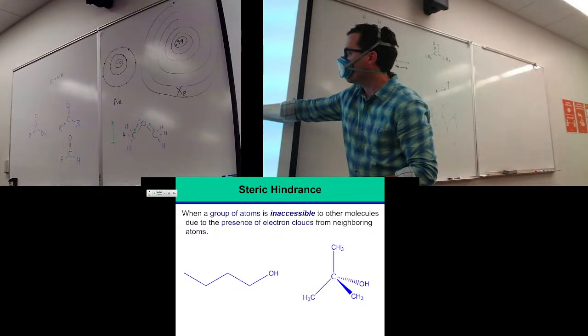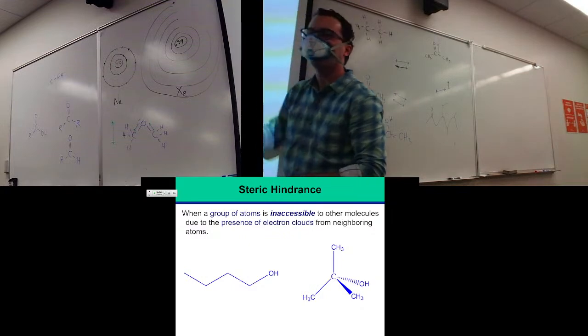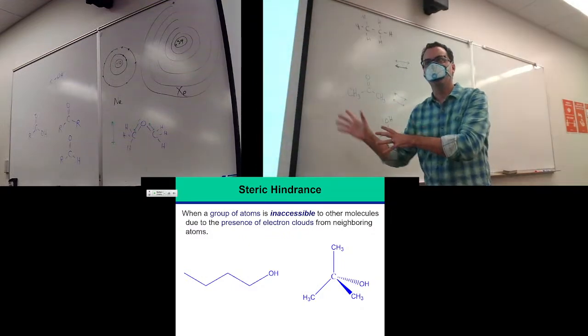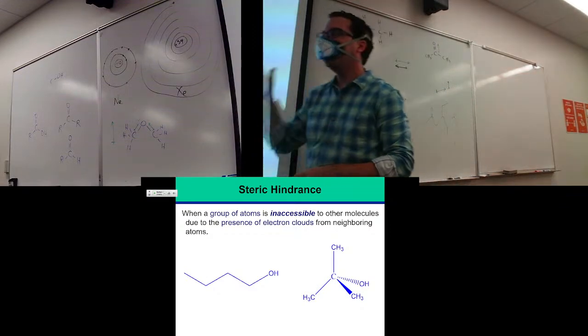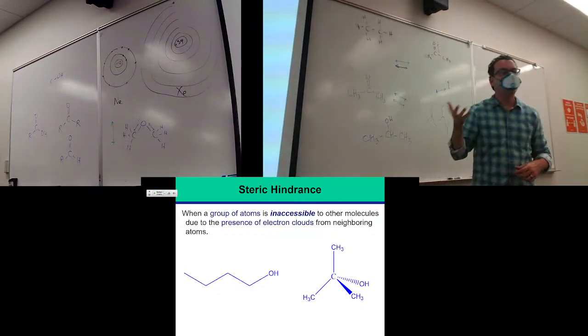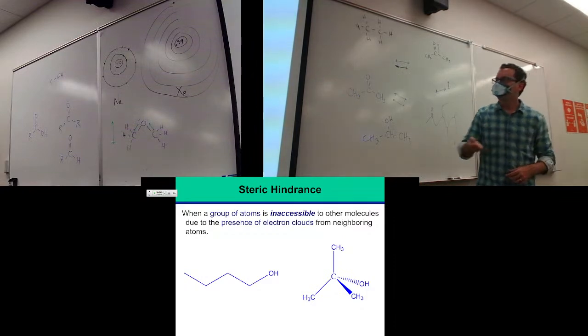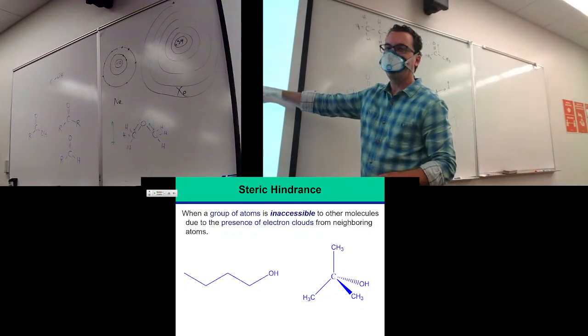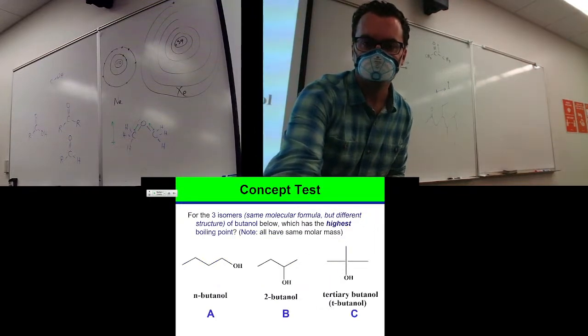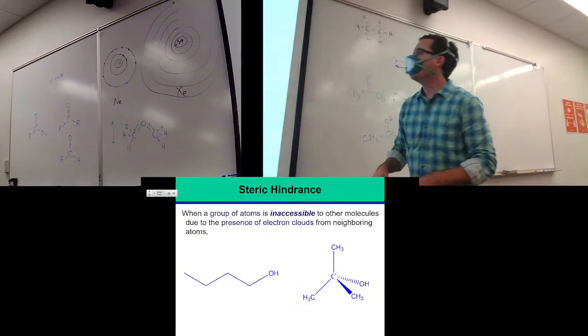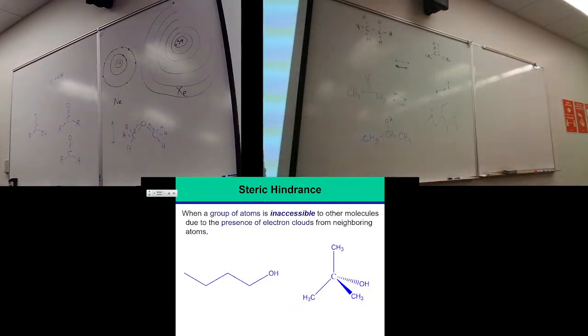It's being blocked by other methyl groups from coming in at more oblique angles. So accessibility is another thing. And we call that in chemistry steric hindrance. So this has more steric hindrance than this one does. And because of that, I don't have the actual numbers, but because of that, this will have a higher boiling point. This will have stronger IMFs than this one does.